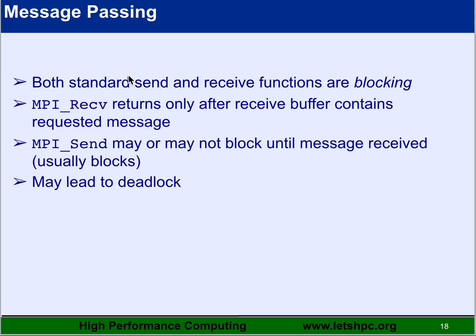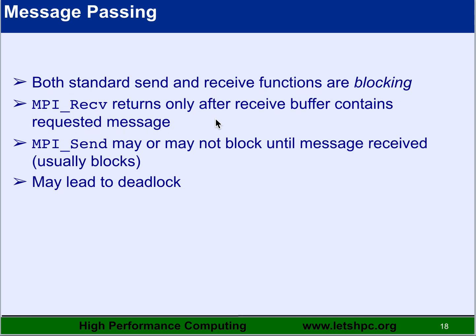Now, these two standard functions are blocking in nature. So, you have already discussed in our previous lecture what we mean by blocking. So, MPI receive returns only after receive buffer contains the requested message.